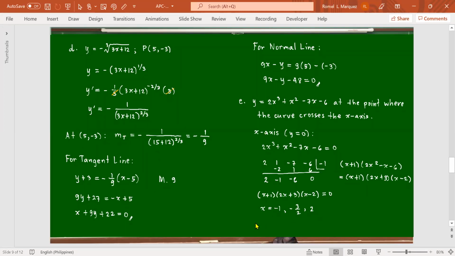Let's compute for the corresponding y value. If we have negative 1, what is the y value? 0, no? Because it crosses the x-axis. So the points are negative 1, 0; negative 3 halves, 0; positive 2, 0.